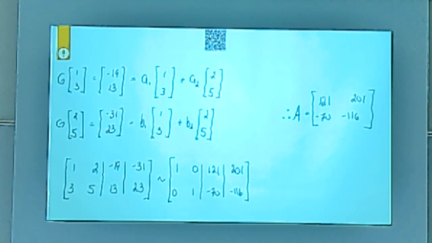So that's the matrix representation of this mapping with respect to the given ordered basis.